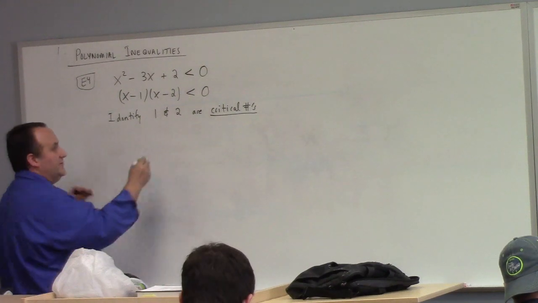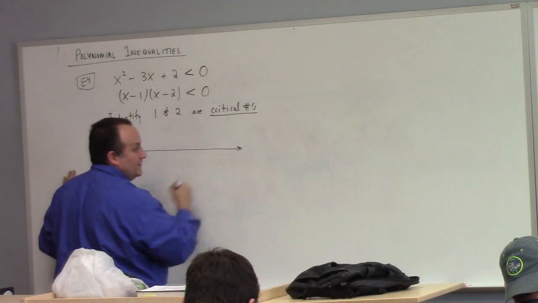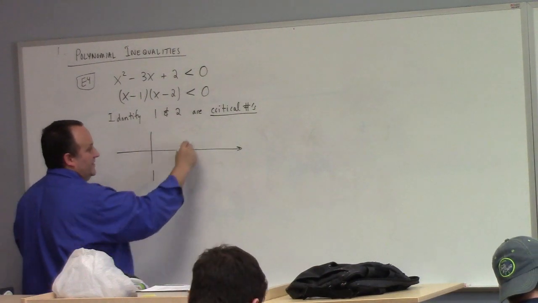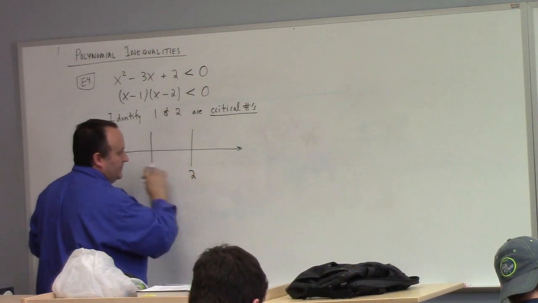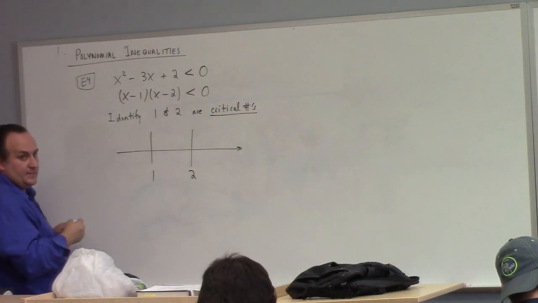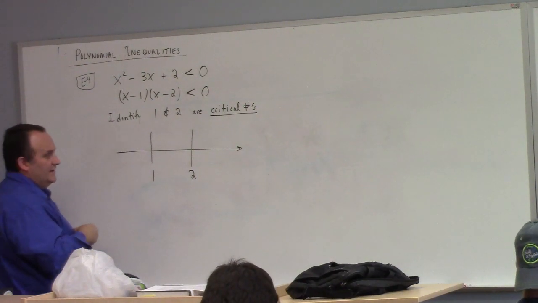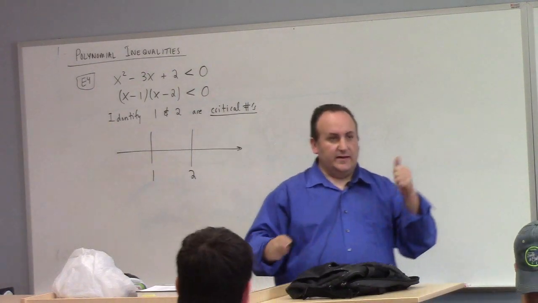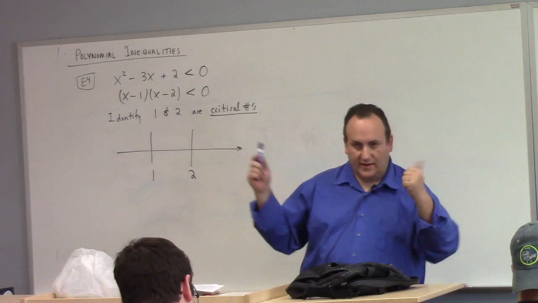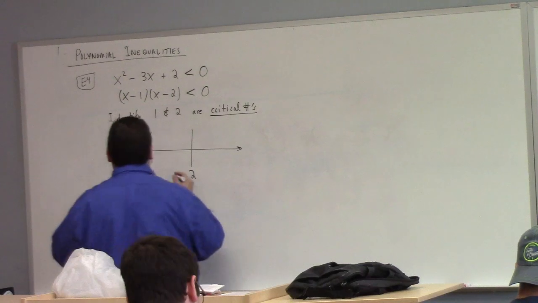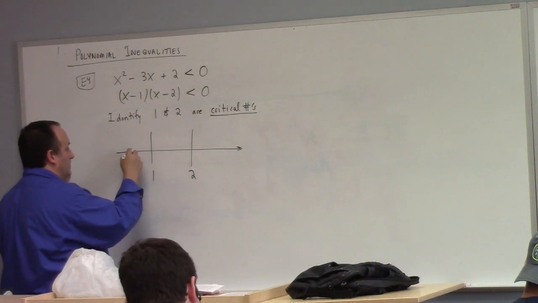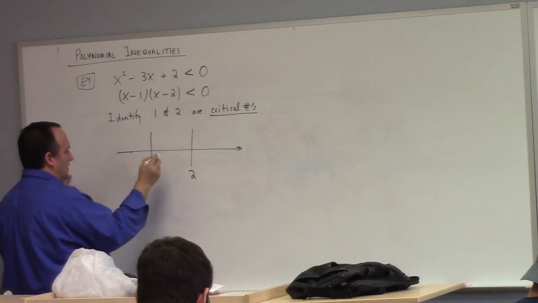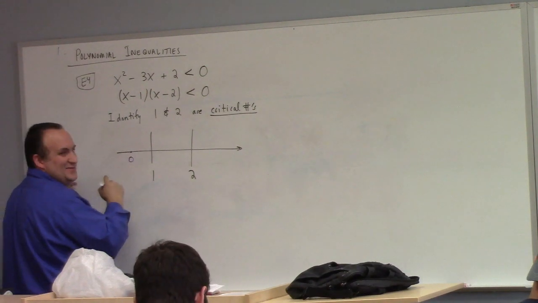So then, we draw a number line, like so. On the number line, we write down the critical numbers in the order that they appear on the number line. And then what you do is you simply plug in a number in each of the cases. So we could plug in 0.